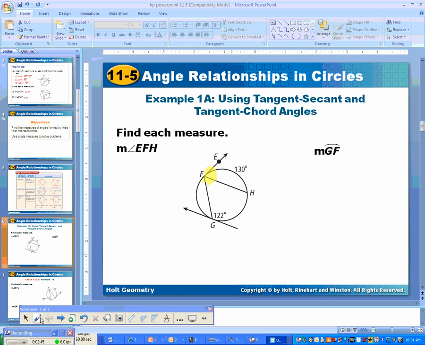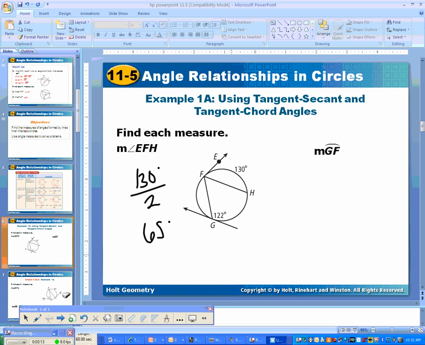If you notice, that vertex is actually on the circle. Here's the vertex. So this intercepted arc, 130 degrees, is going to be bigger, right? So to find the angle, you have to divide by 2 because the angle is going to be smaller. So your answer for that one is what? 65 degrees? Sweet.